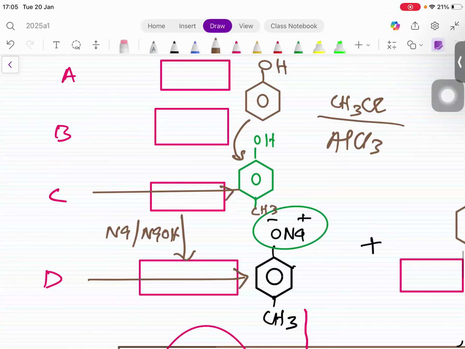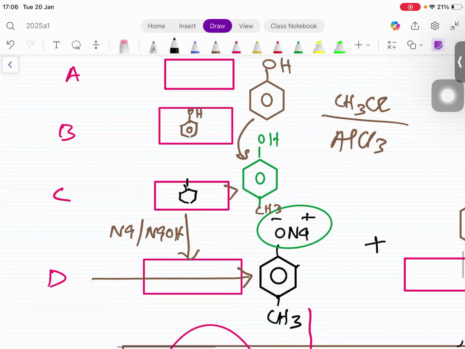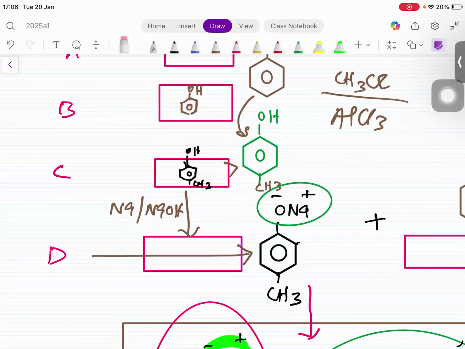So, okay, let me write them if it's confusing. B is this, phenol. C is this. Yes, phenol with CH3 underneath. Okay. And then what is D?